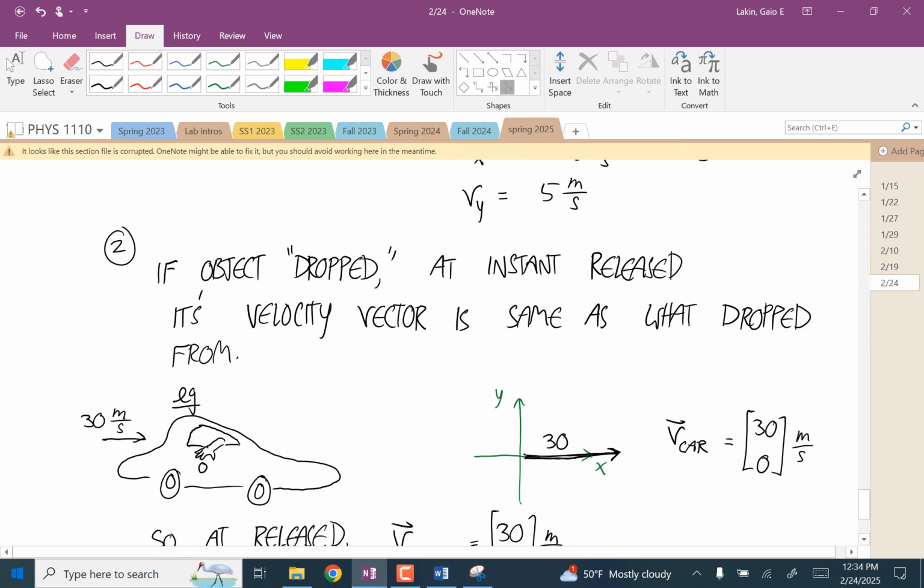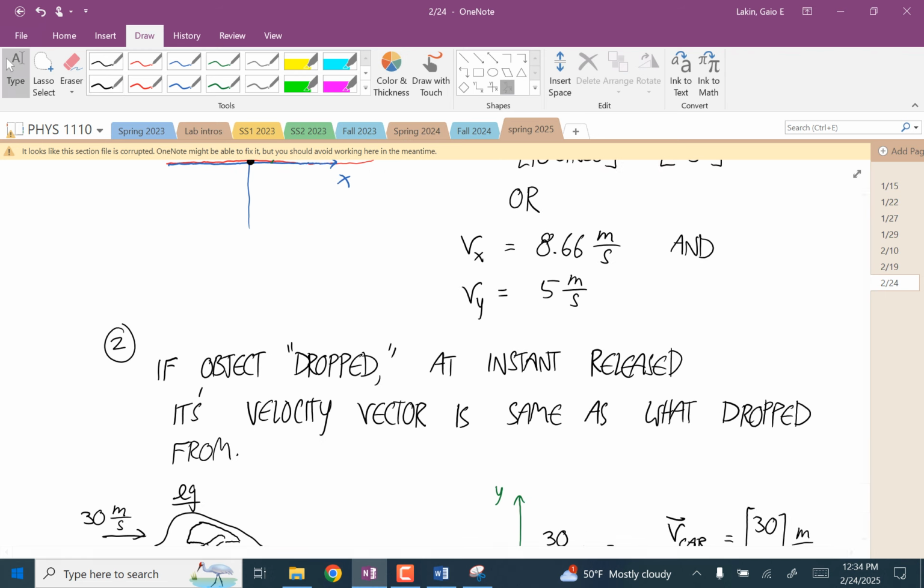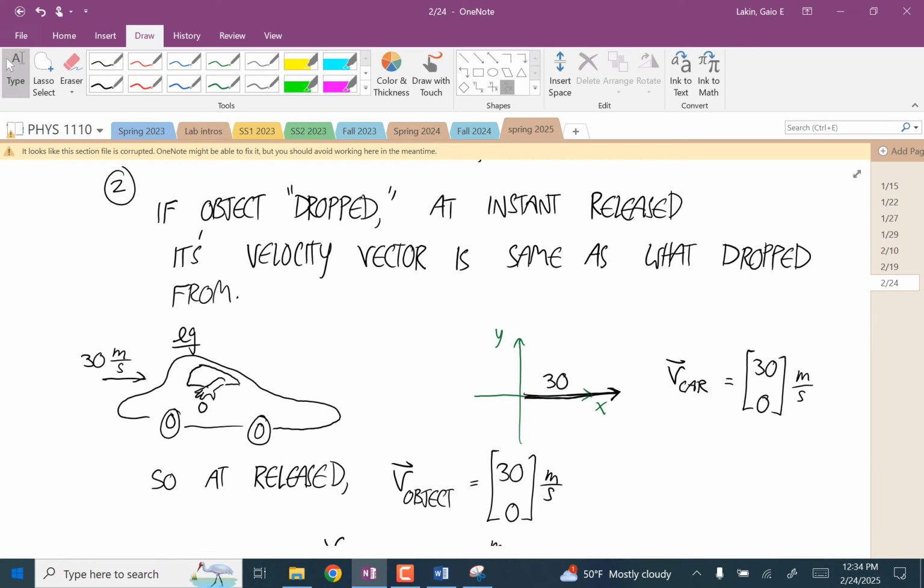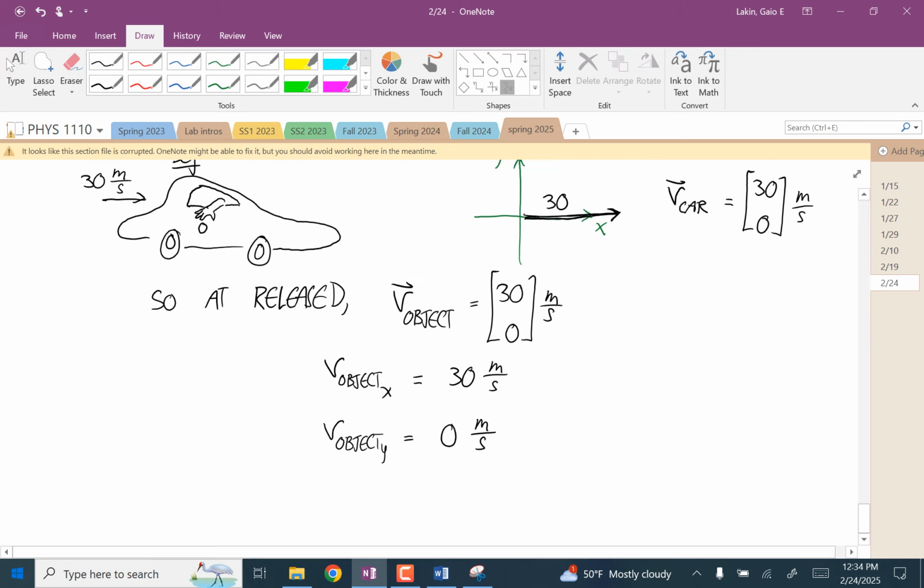Okay, and then the last one is, so remember in 1D projectile motion, what did we know about an object when it reached the highest point in its flight? 0. Velocity is 0, right. And so there's something you have to be a little careful about here.